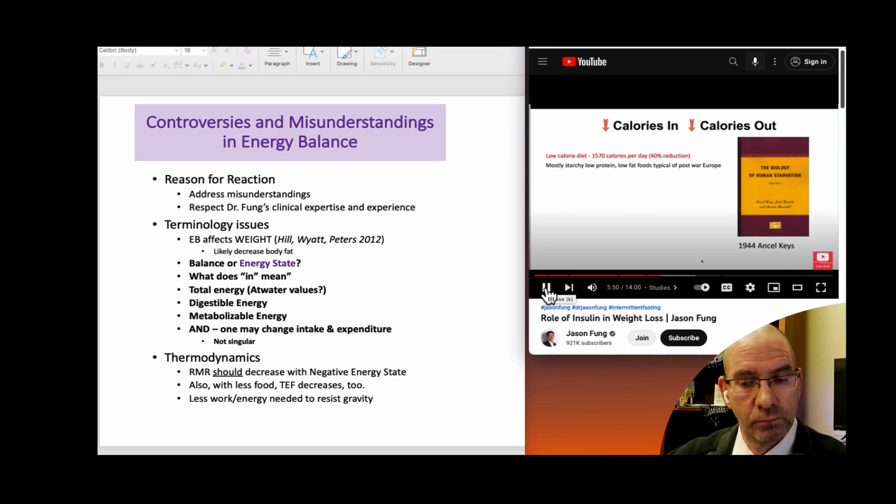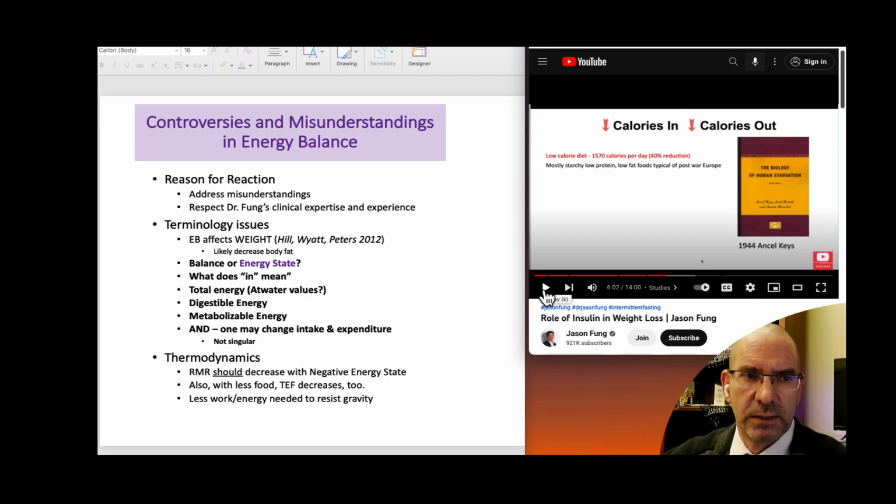So interestingly, this is almost exactly the diet that most weight loss professionals tell you to do. 1,500 calories a day, low fat, low protein. Therefore, low calories. I'm not sure I know of low protein being recommended. I think there needs to be at least 0.8 grams per kilogram body weight.